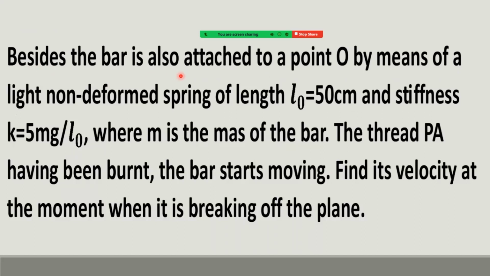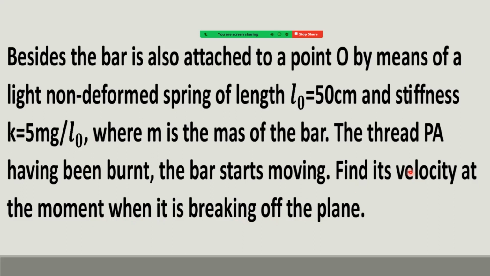Besides, the bar is also attached to point O by means of a light non-deformed spring of length L0. Non-deformed means no compression, no elongation. And stiffness, meaning spring constant, is given as 5mg upon L0, where m is the mass of the bar.